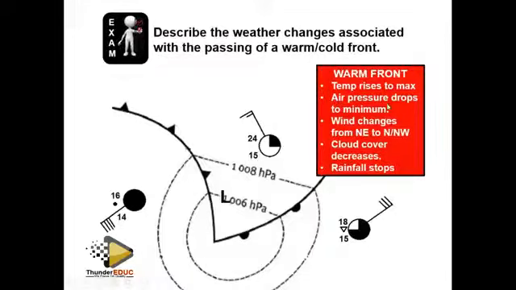So in the warm front, air pressure drops to the minimum. We mean atmospheric pressure drops. Why is it dropping? It is dropping because within this sector, there is rising warm air. As warm air rises into the atmosphere, the surface is left with low pressure. That's why we say the pressure drops to the minimum.